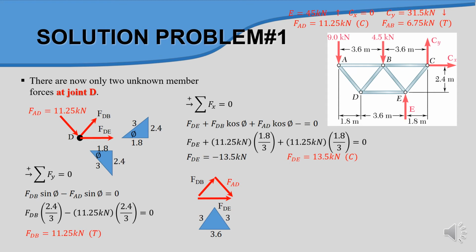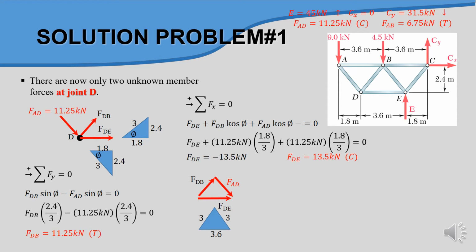To make it easy, we start by calculating the value of FDB, using net force in the y-axis equal to 0, because it involves only one unknown.